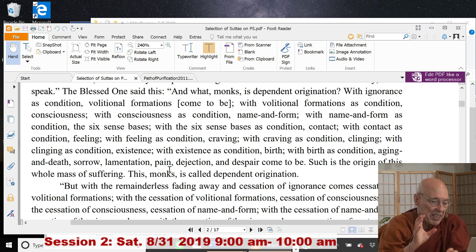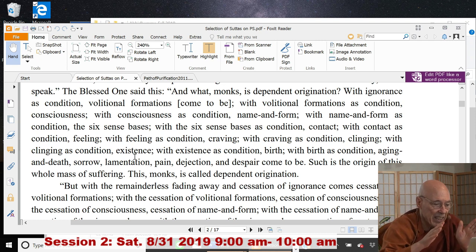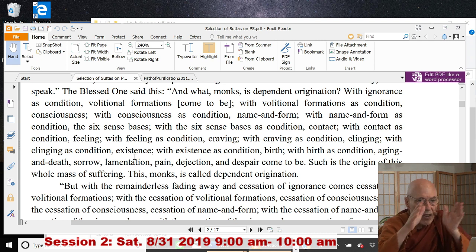And so that clinging generates the karmic activities, or we call this the karmically constructive side of existence. And those karmic activities direct the stream of consciousness towards one or another state of existence in the future. And then that new existence begins with birth.